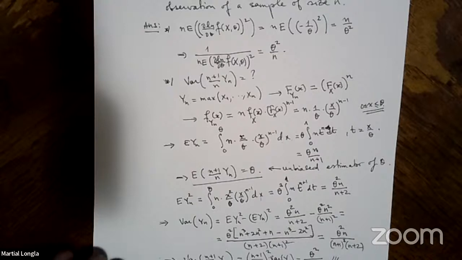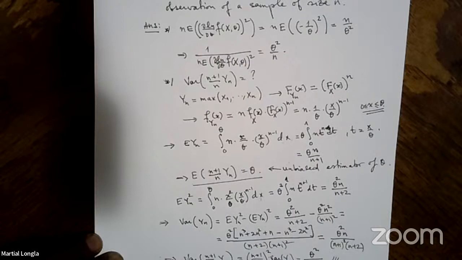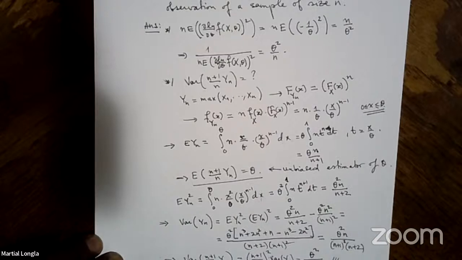Does it make sense? The comparison says the variance of n plus 1 over n times Yn is strictly less than 1 over n I of theta.